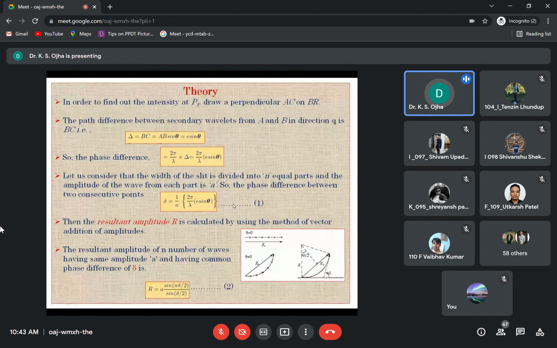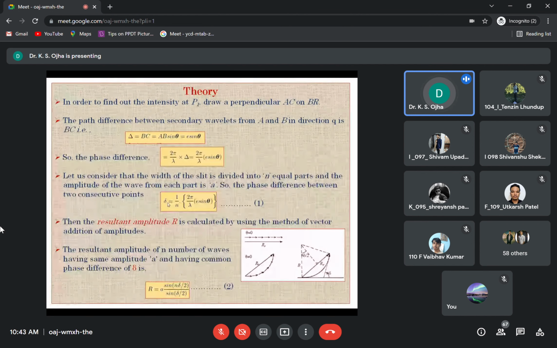So what we will do, the amplitude of each wave emerging from each part is A. Amplitude is constant. There are n waves because we are dividing the slit width into n equal parts.